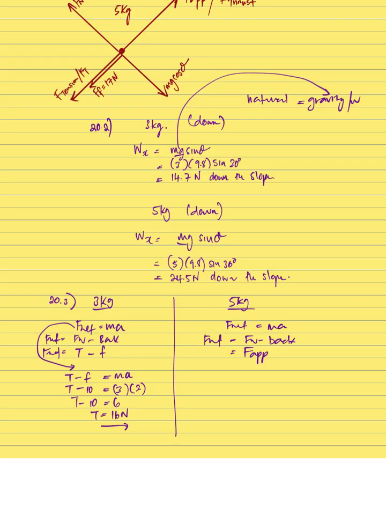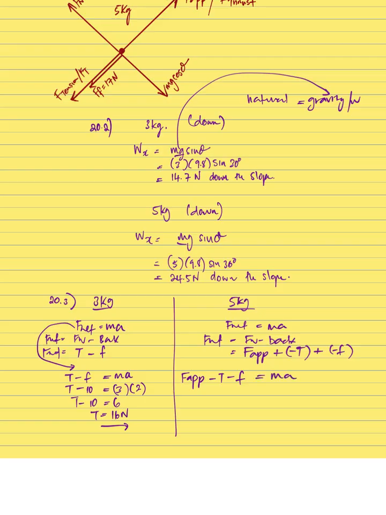So let's say plus the force applied, minus the tension, minus friction. So that's what that looks like. So I'm just going to say F applied minus tension minus friction is equal to MA.